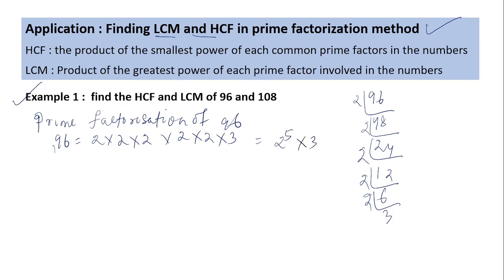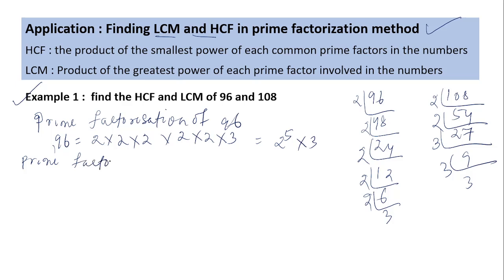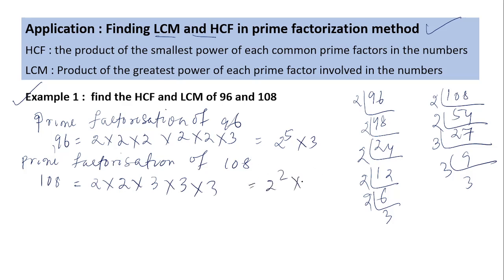Again, the prime factorization of 108: 54, 27, 9, 3. So 108 is equal to 2 into 2 into 3 into 3 into 3. So this is 2 to the power 2 into 3 to the power 3.